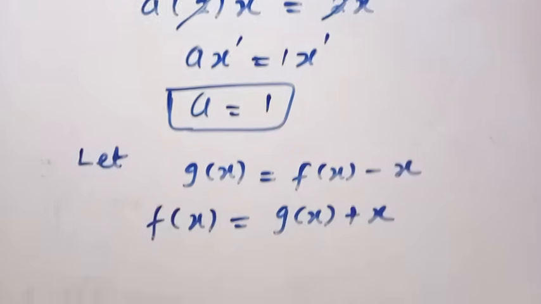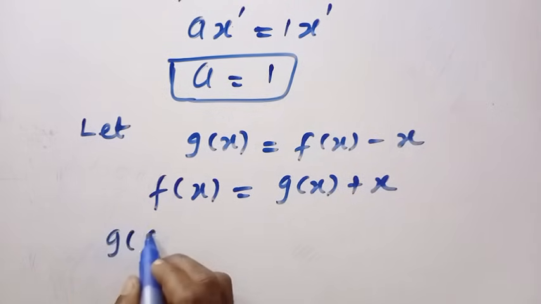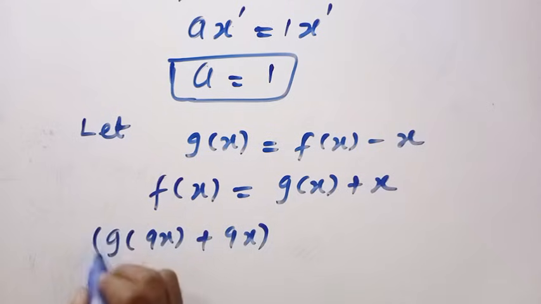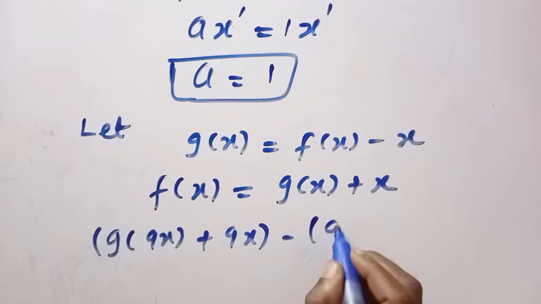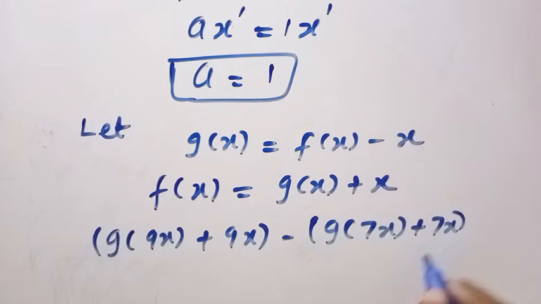Changing every single x to 9x and also to 7x as in the original equation, we have the first one as g of 9x plus 9x, then minus open bracket g of 7x plus 7x, and everything equals 2x.